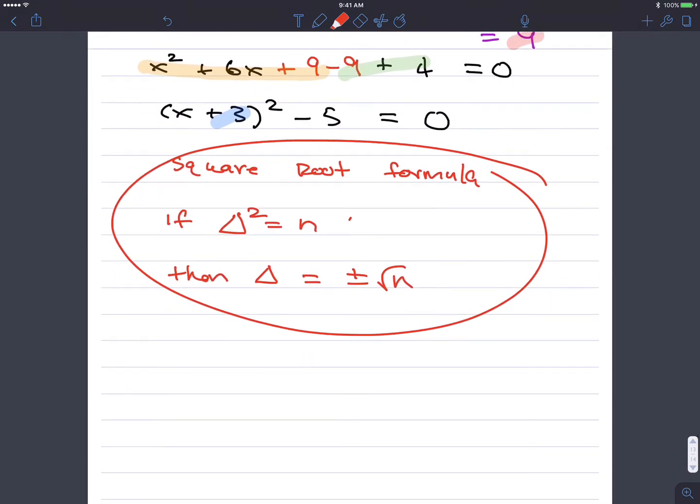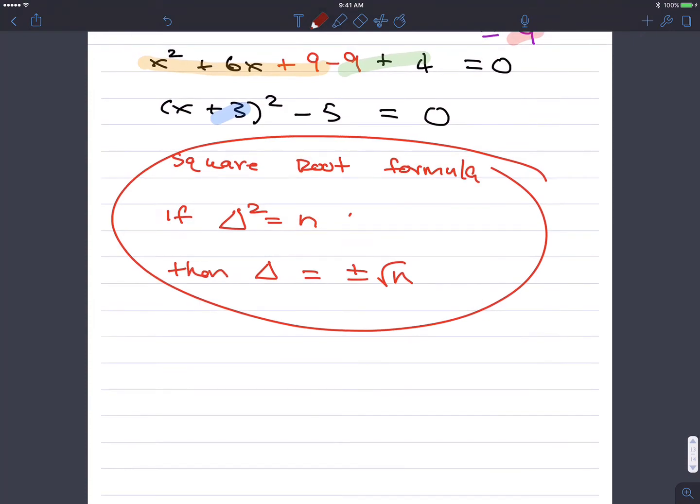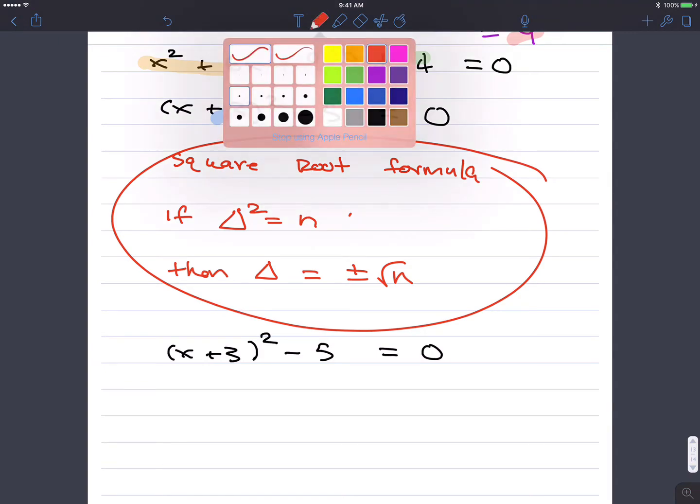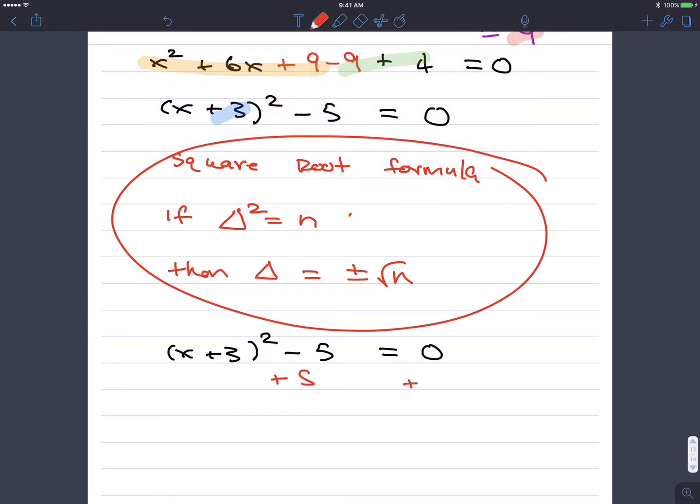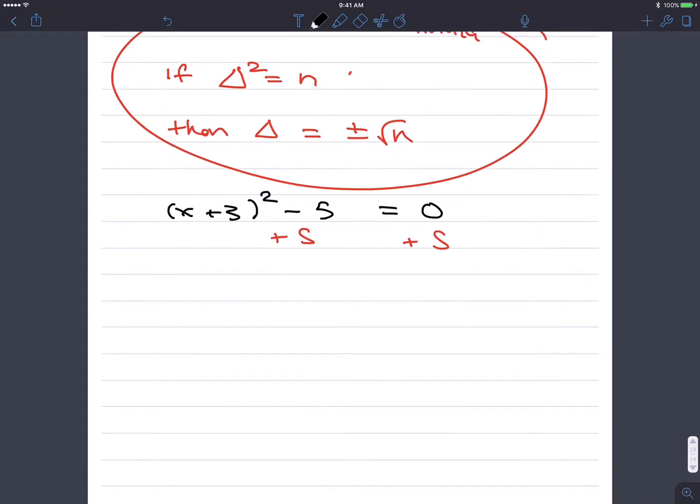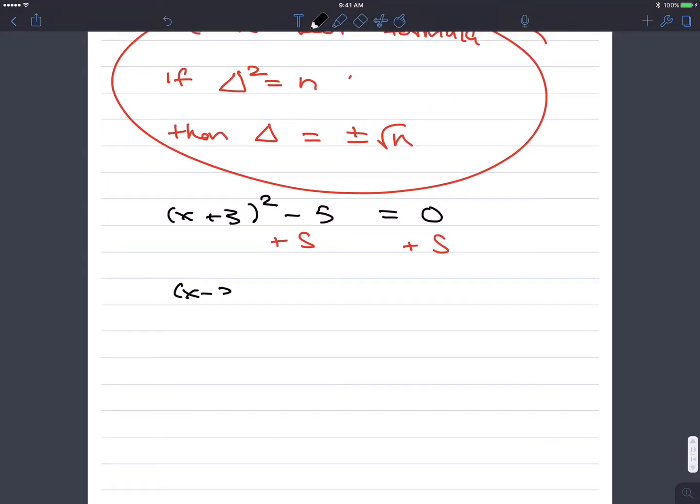Okay, let's try this out. I can't use the square root formula yet because I have this minus 5 here. So we're going to have to add 5 to both sides. And if we do, notice we get x plus 3 squared is 5, which means x plus 3 is plus or minus the square root of 5.